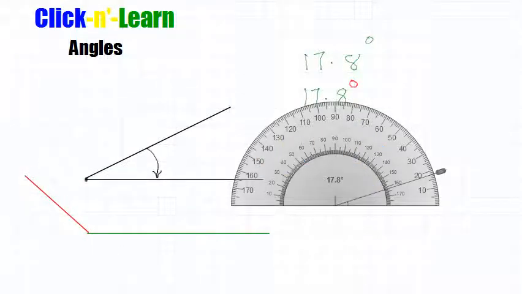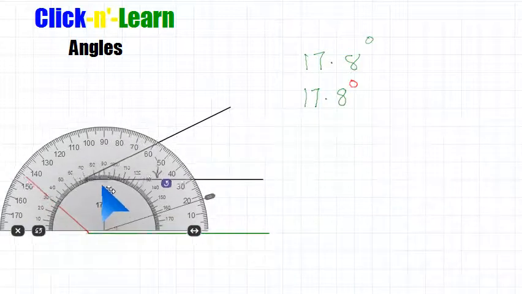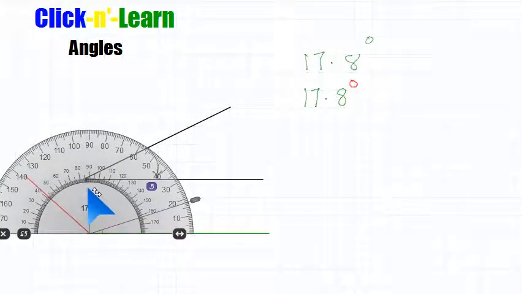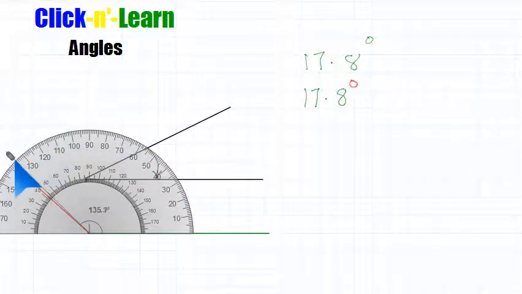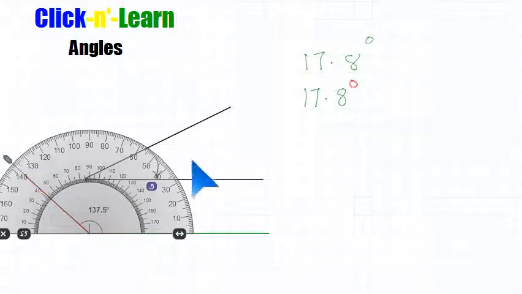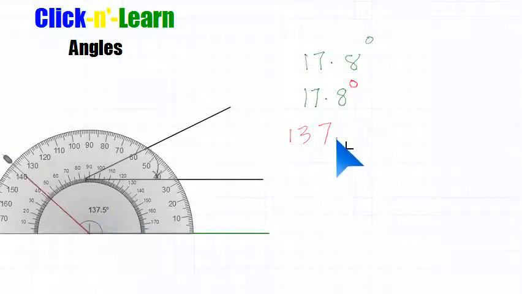If we were to measure the angle formed by those two arms or those two lines, it would be 137.5 degrees.